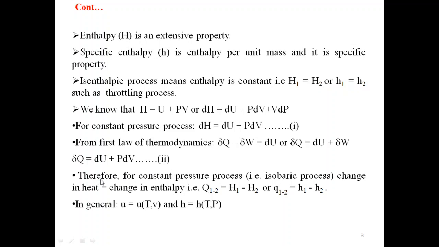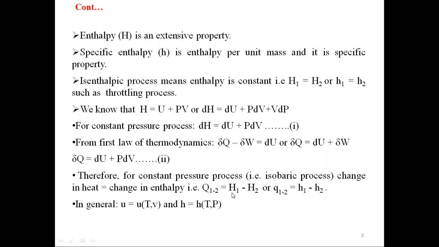Therefore, for a constant pressure process, as we compare equations 1 and 2, we can say that the change in heat is equal to the change in enthalpy, that is Q12, where 12 is the process from initial state 1 to 2.